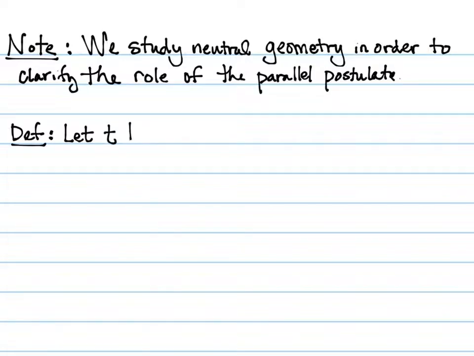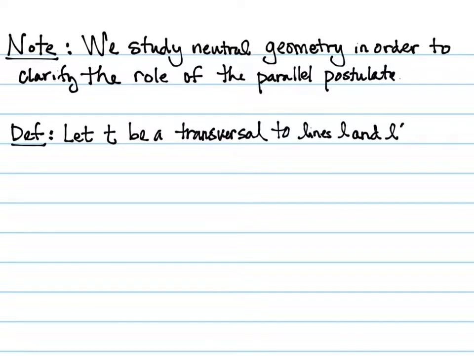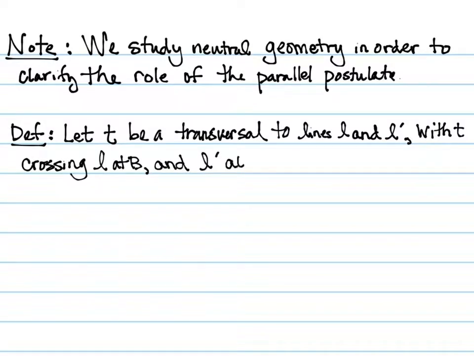So let T be a transversal to lines L and L prime, with T crossing, or meeting, or incident with, however you want to say it, L at B and L prime at B prime.